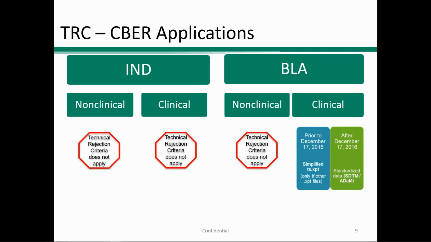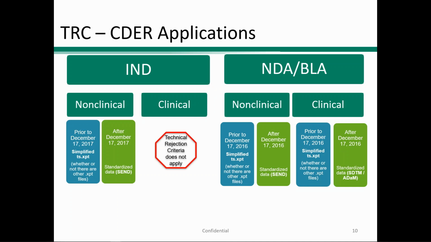If you have a study that started after that date, then they are going to expect to see SDTM and ADaM data. Now, this differs a little bit from what CDER is expecting, because we see here that for your marketing application, you only need to submit the simplified TS data set if you're submitting other XPT files. You might have folks that refer to them as legacy data sets.